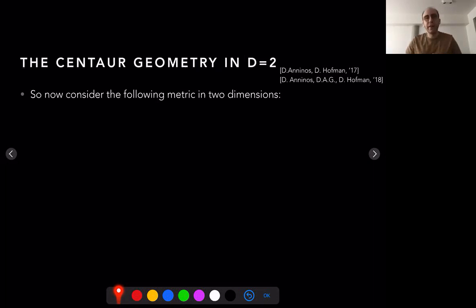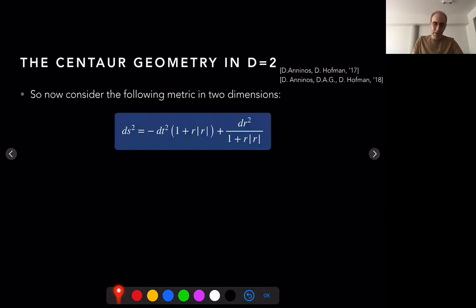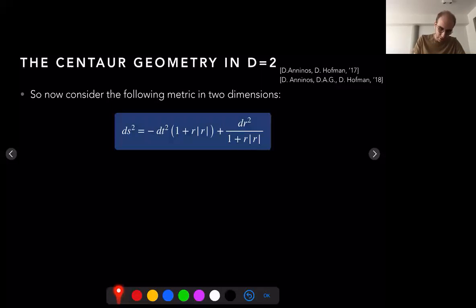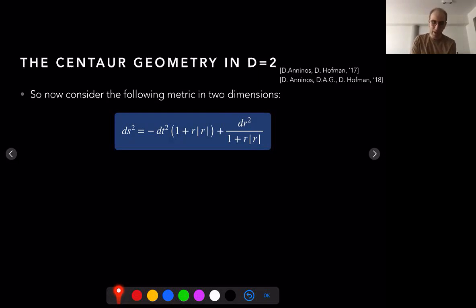And so let's create these geometries. Let's consider a metric like this one. So now we have a constant sphere that I'm not writing anymore. And then we have this metric with this f of r. Sorry, my pointer is not working very well. But consider this metric that is 1 plus r absolute value of r, plus dr squared over 1 plus r absolute value of r.